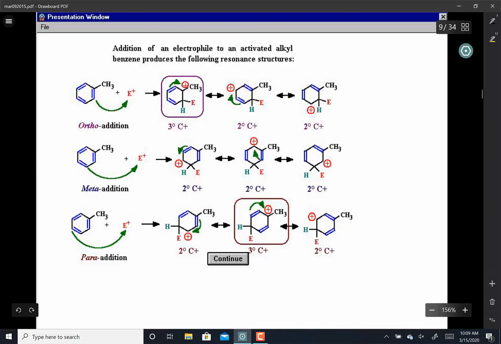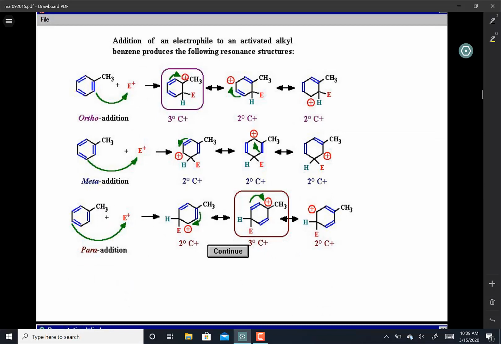Okay. What about alkyl groups? Alkyl groups favor ortho and para positions because if I drew out all of the resonance structures for adding to the ortho position and then the meta and para positions, what you find is that I get 3 resonance structures regardless of where I add the electrophile, but when I add to the ortho and para positions, I end up with the plus charge next to the group.